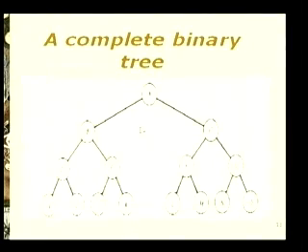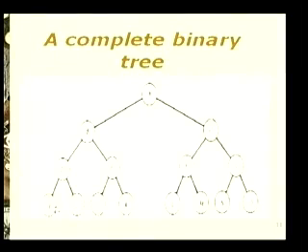Now let us please have a look at that image. A complete binary tree. A complete binary tree means it satisfies all the requirements to be called as a binary tree, but it is having 2 children for each and every node. So though it can be called a binary tree with at most 2 children, in the case of complete binary tree, each and every node will be having 2 children except those of the bottom line, which are called leaf nodes.